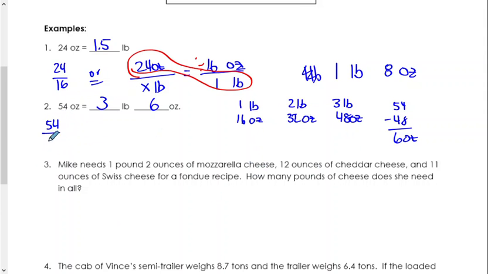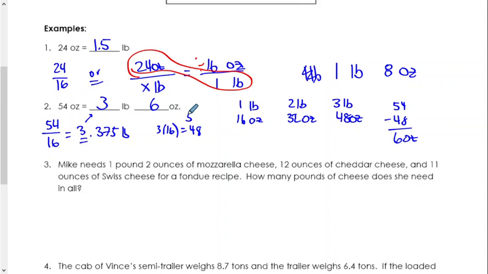So 54 ounces, and there are 16 ounces in a pound. I get 3.375 pounds. Okay, so 3 full pounds is where that comes from. And now figuring out how much I have left over, well, 3 full pounds, there's 16 ounces in a pound, is going to give me 48.